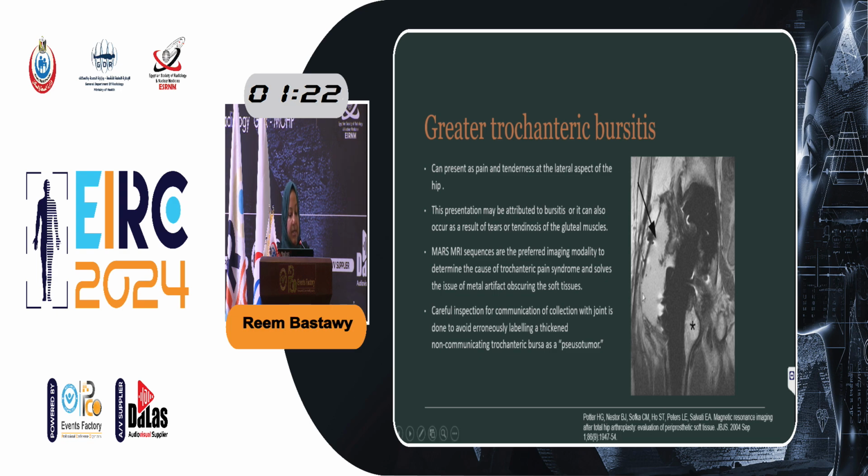Metal artifact reduction sequence MRI is the preferred imaging modality to detect greater trochanteric bursitis, and we should carefully inspect whether the fluid collection over the greater trochanter is communicating with the joint capsule or not, to differentiate the pseudotumor from the greater trochanteric bursa in cases of hip prosthesis.